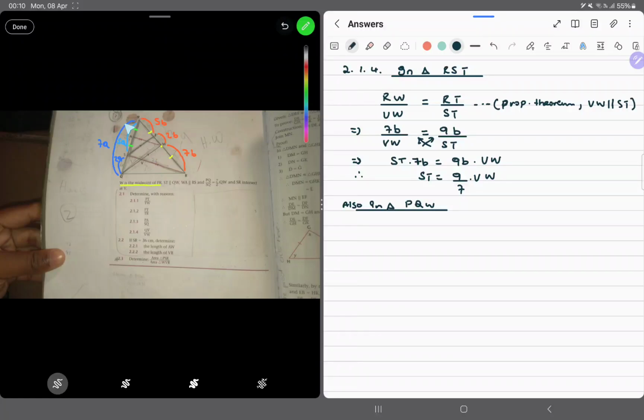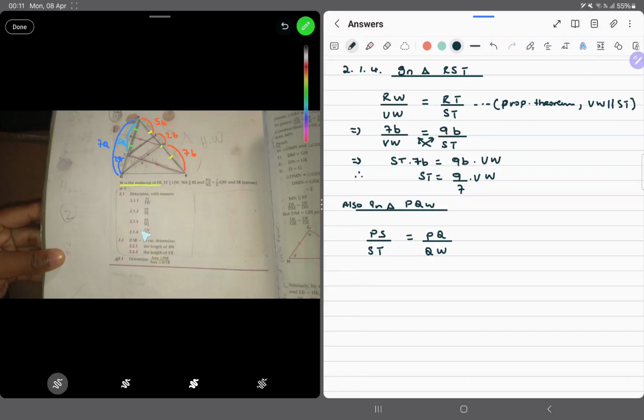So let's just go on and say, look, PS over ST, because we're using the concept of similar triangles, must be equal to PQ over QW. Okay, why am I choosing QW?